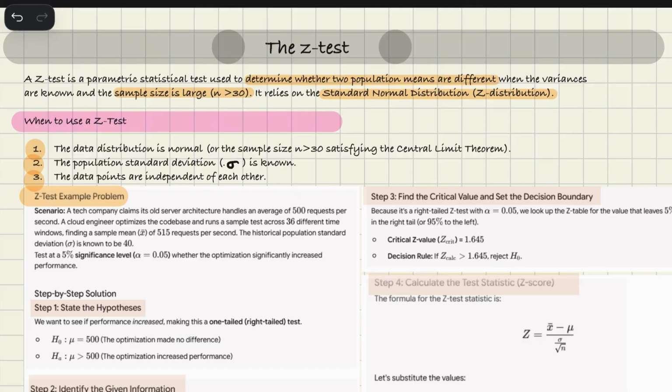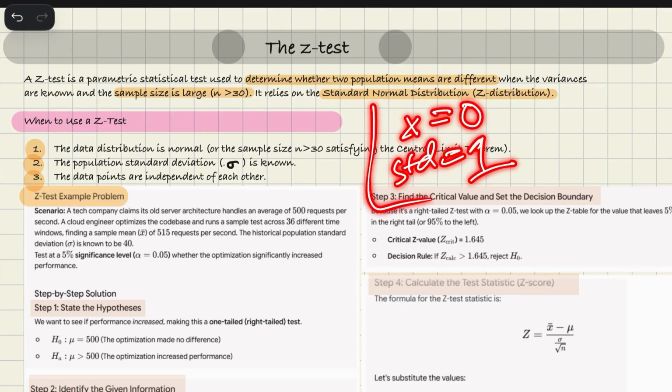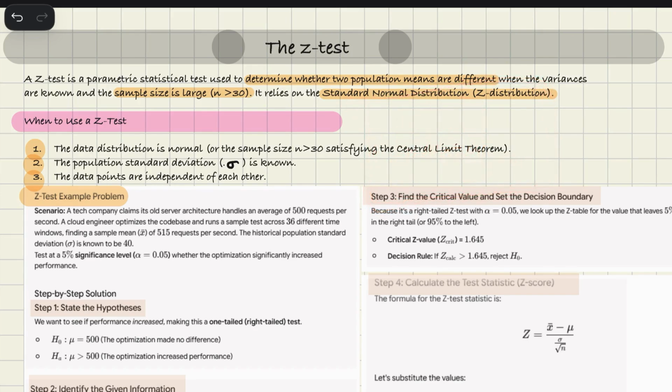It relies entirely on the standard normal distribution, known as the Z distribution. That means the mean is exactly 0 and the standard deviation is exactly 1, like we talked about with the Z score. That is what the Z-test relies on.